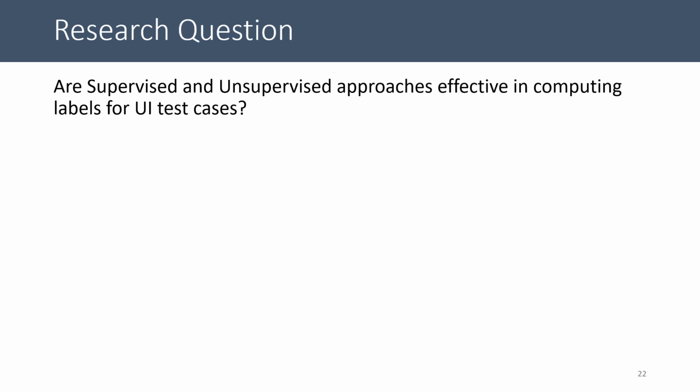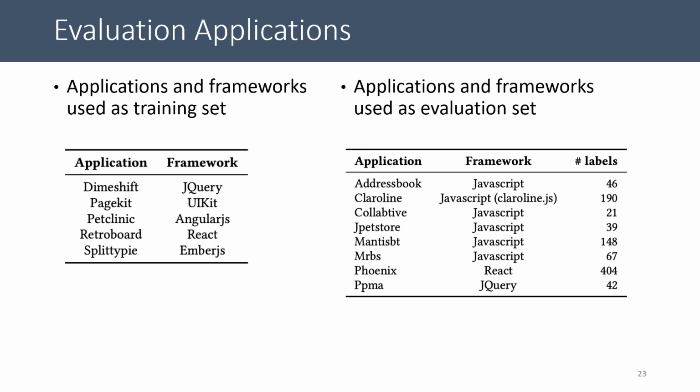To evaluate our tool, we propose the following research question. Are supervised and unsupervised approaches effective in computing labels for UI test cases? We use certain applications that have been used in prior work on UI testing. As mentioned before, the projects with different frameworks are used as the training set.